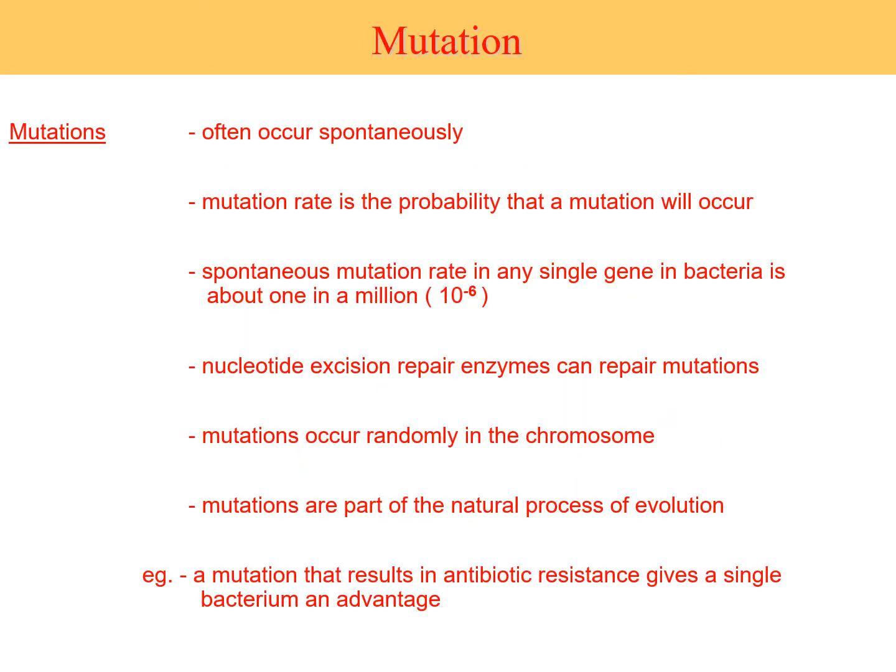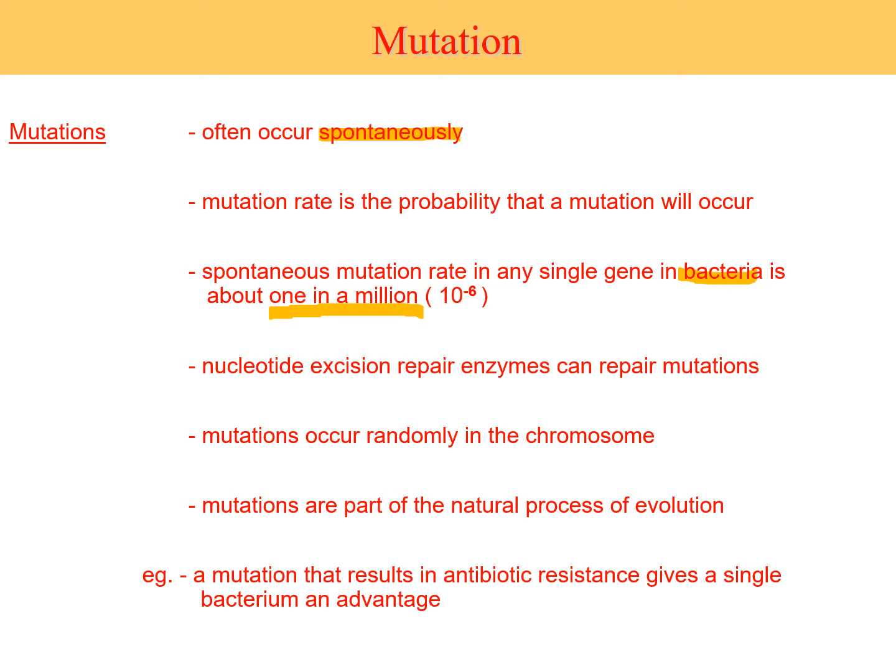These kinds of mutations do occur, as I said, spontaneously, in eukaryotic organisms and bacteria. For any single gene, the mutation rate, the probability of a mutation in any single gene, is about 1 in a million.